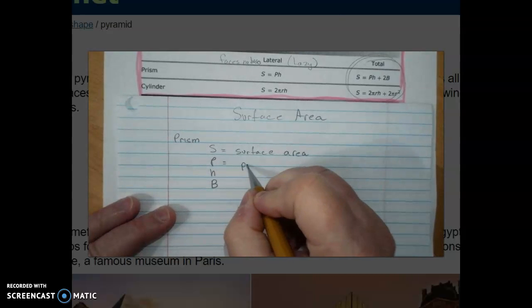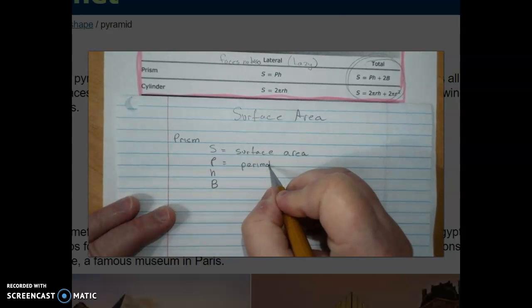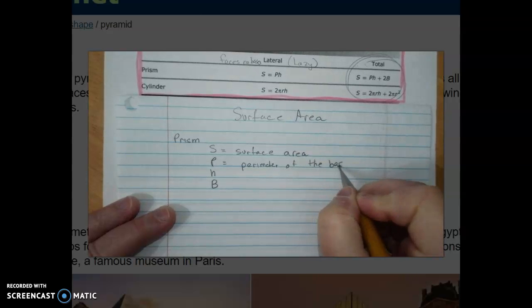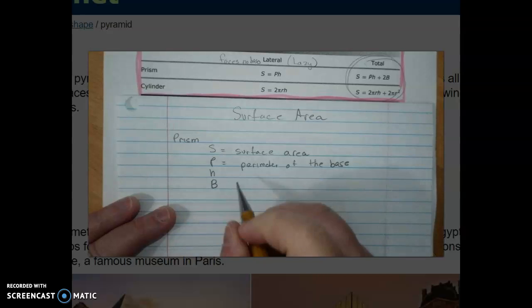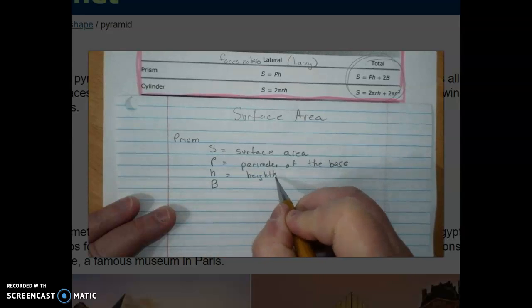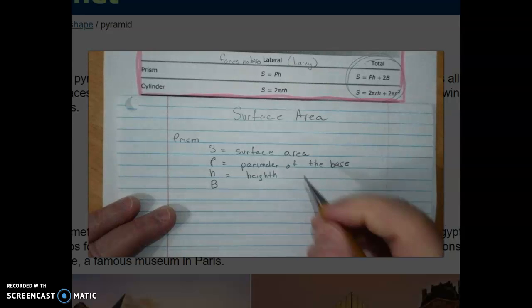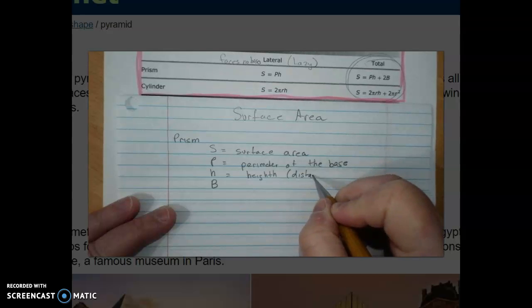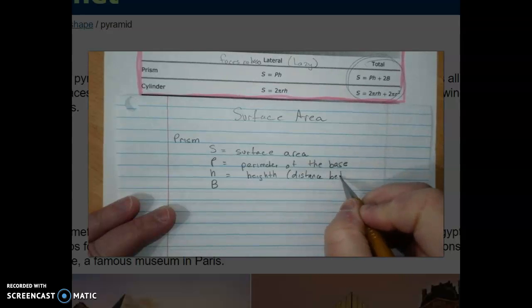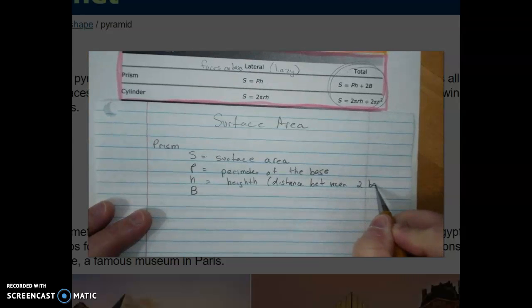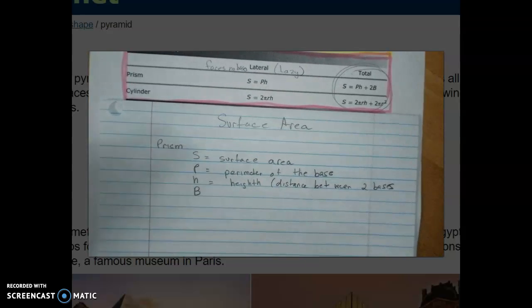P is perimeter of the base. H is the height. But there's going to be a lot of H's in this, so I'm going to clarify and say this is the distance between two bases. And I'll explain that in a minute.